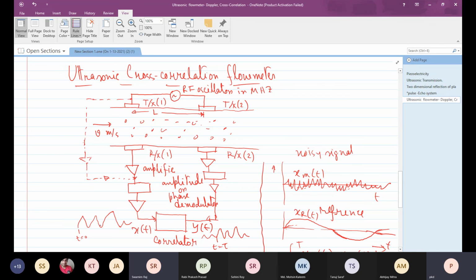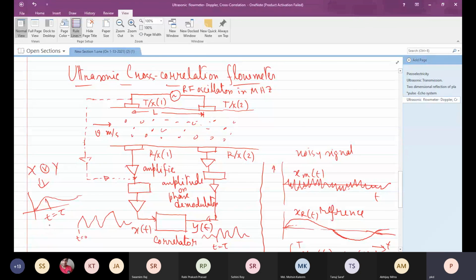So what is the correlator doing, sir, here? The correlator will be, say, X correlated with Y. Then this will give this, at t equal to tau.